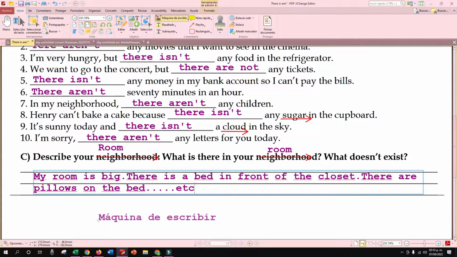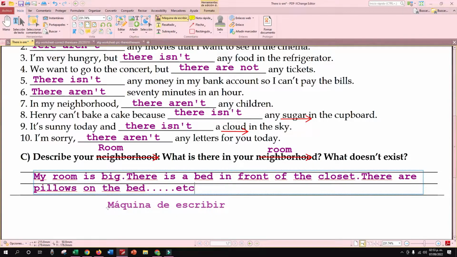Todas las cosas que ustedes tengan en su cuarto y que van a utilizar. There is or there are, y también las preposiciones del lugar. ¿Se acuerdan de las preposiciones, verdad? In, on, under, between, next to, right, above, and all of the prepositions of place that we study, right?